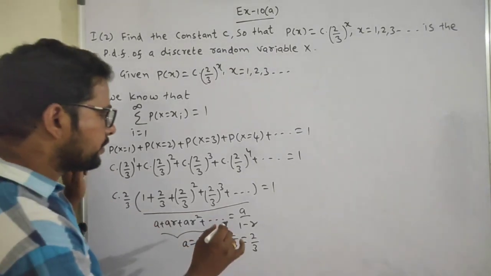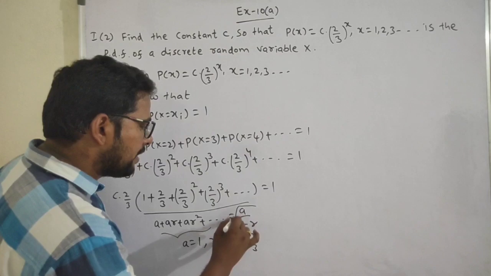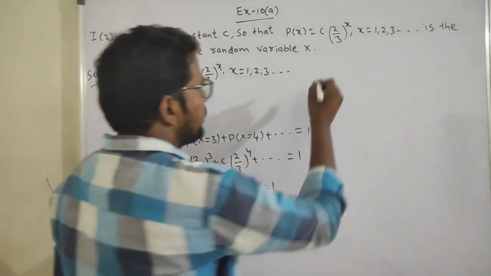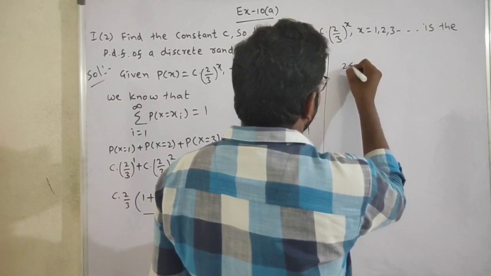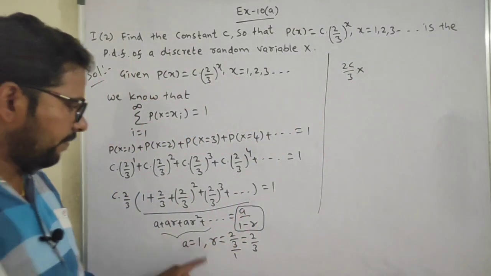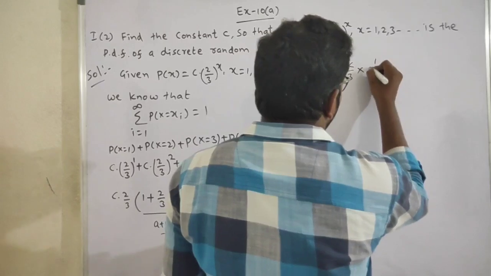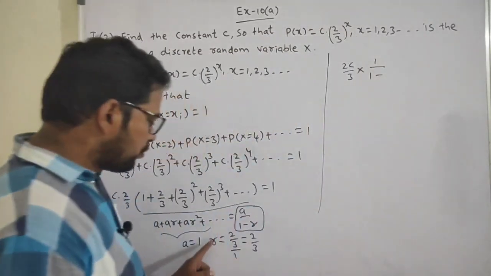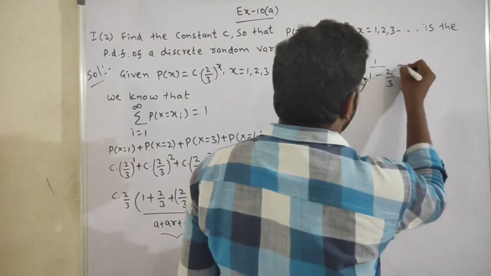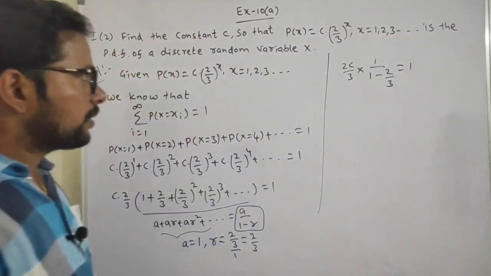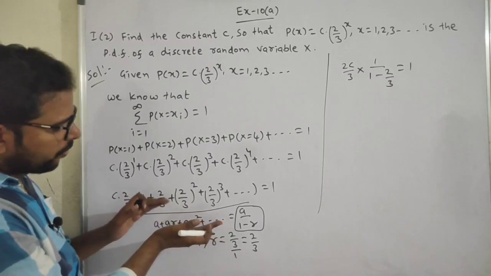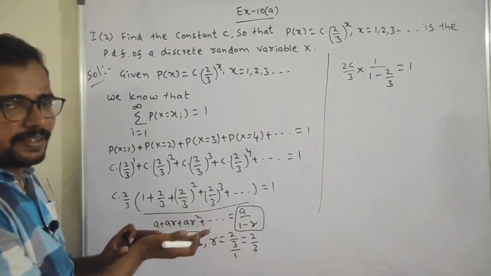So substitute in this formula. What is the formula? a by 1 minus r. So 2c by 3 into, what is the formula, a value 1 by 1 minus r value 2 by 3 is equal to 1. We are applying the infinite series formula to this total: the total sum is equal to a by 1 minus r.